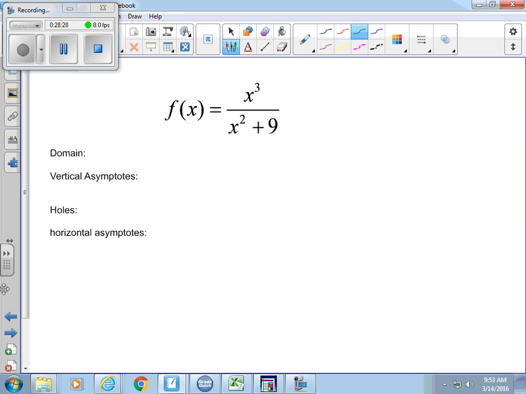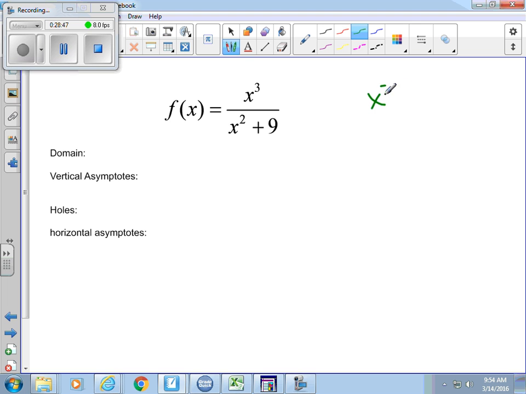What number? 3? Let's try it. What is 3 squared? What's 9 plus 9? Okay, what's -3 squared? It's also positive 9, isn't it?